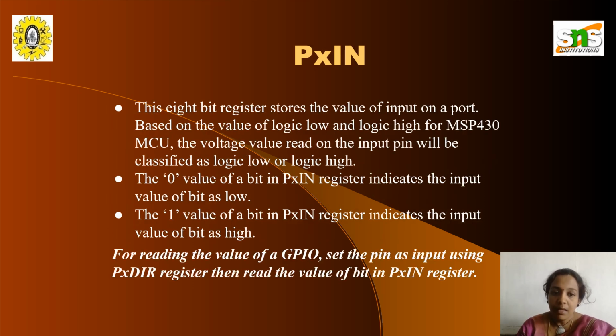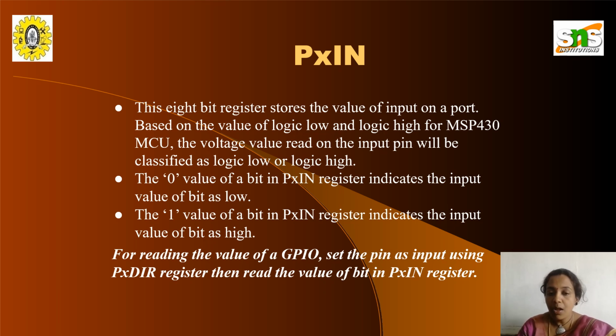PxIN. This 8-bit register stores the value of the input on a port based on logic low, logic high. For the MSP430 MCU, the voltage value read on the input pin will be classified as logic low or logic high. The zero value of a bit in the PxIN register indicates the input value of the bit as low.